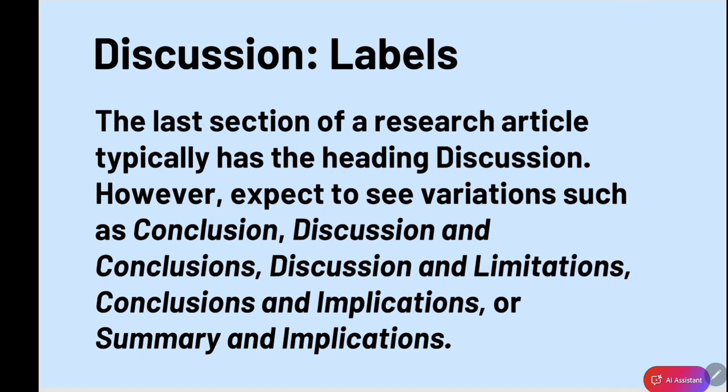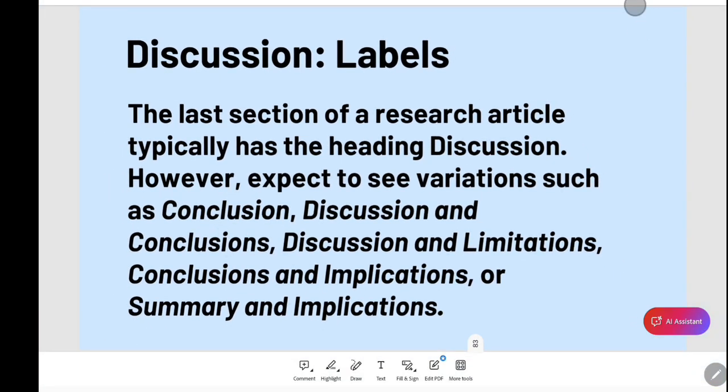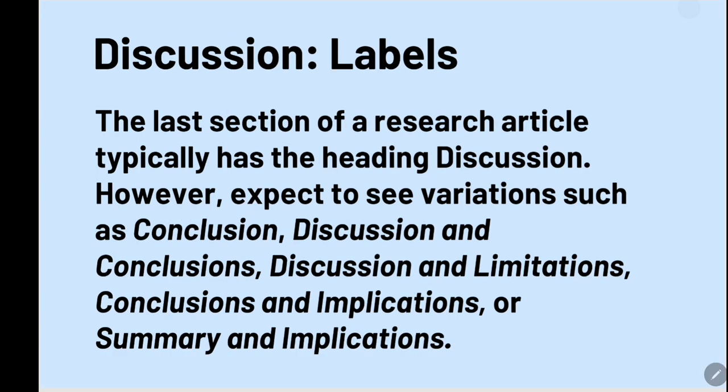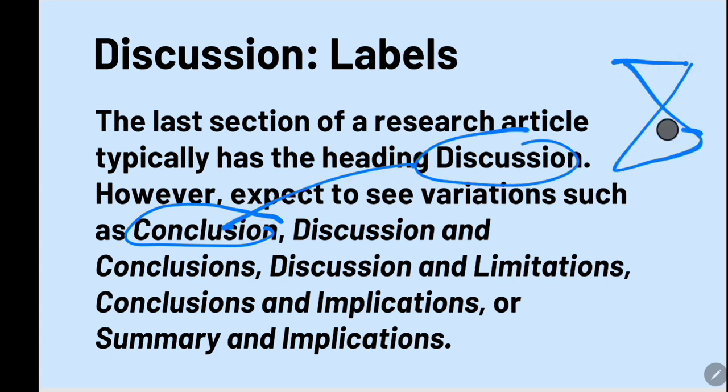Some variations may include the mention of conclusions, discussions and conclusions, discussion and limitations, conclusions and implications, or summary and implications. You might be confused, okay, but the conclusion and the discussion typically make up the last part of the IMRAD paper.